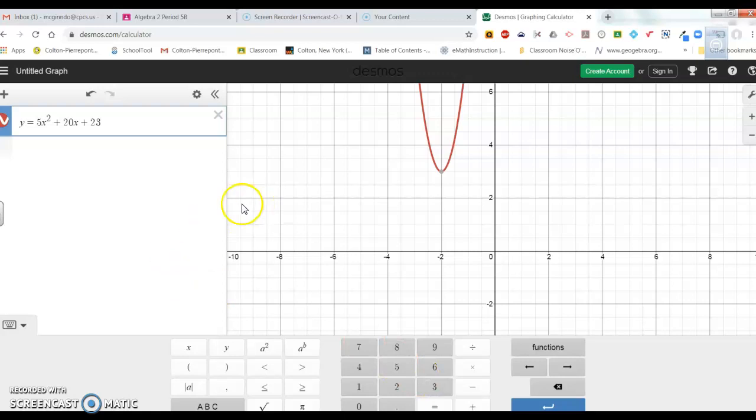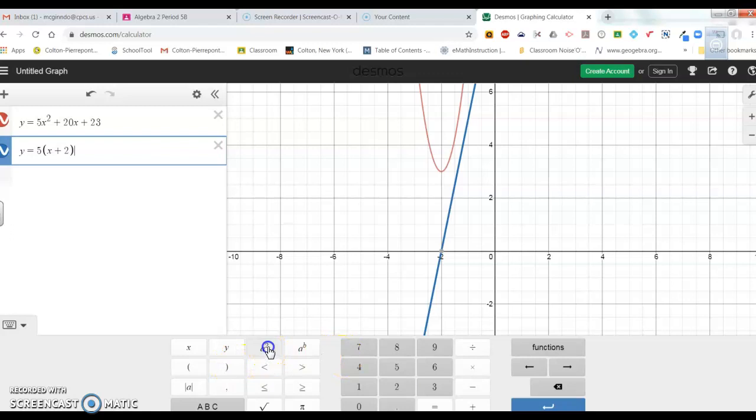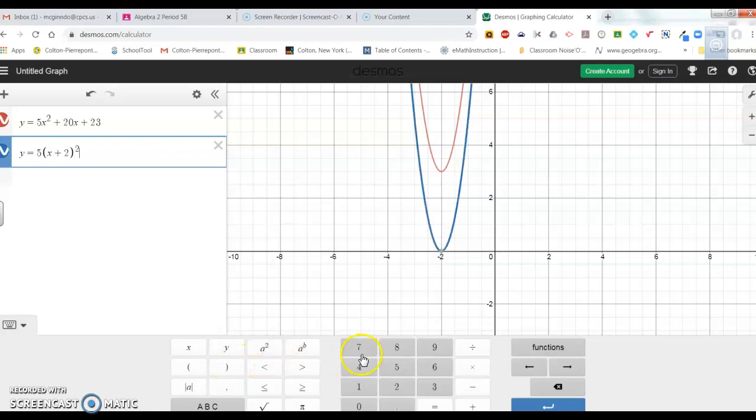There's my equation. Now if I put in the completed the square version, y equals 5 parenthesis x plus 2 quantity squared plus 3.